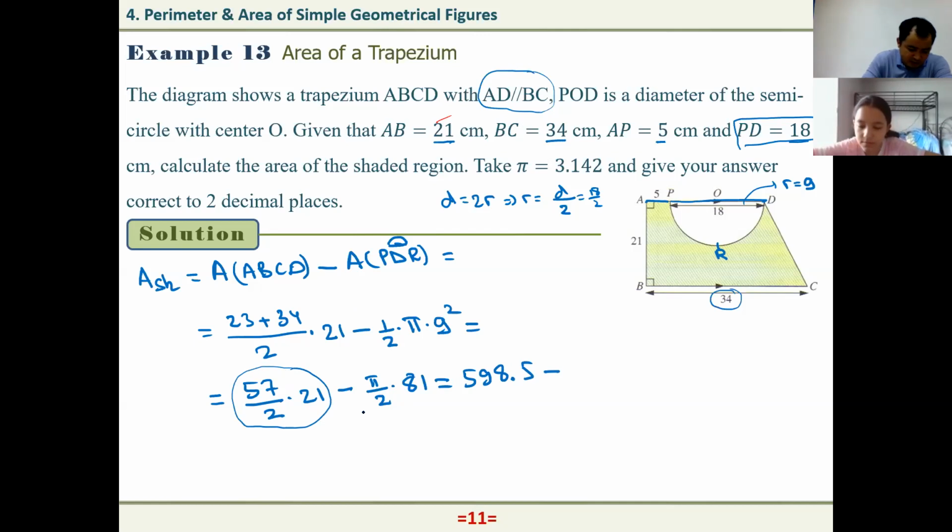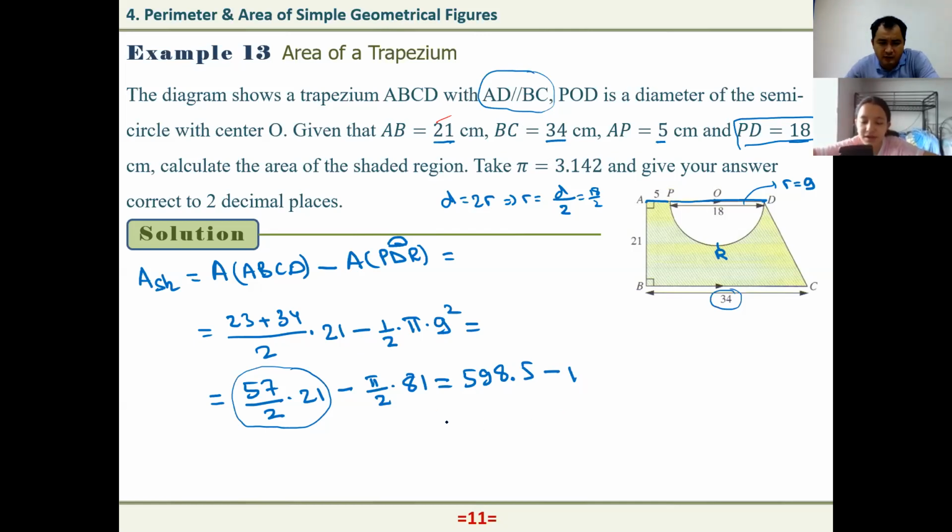Pi over 2, that is 3.142 times 81 divided by 2. I got 471.249. No, something is wrong.